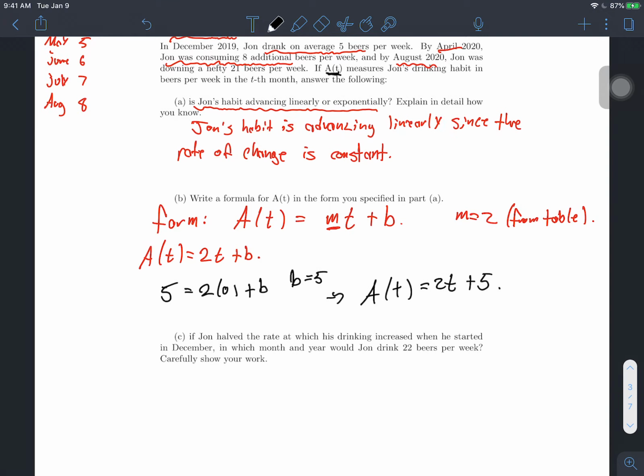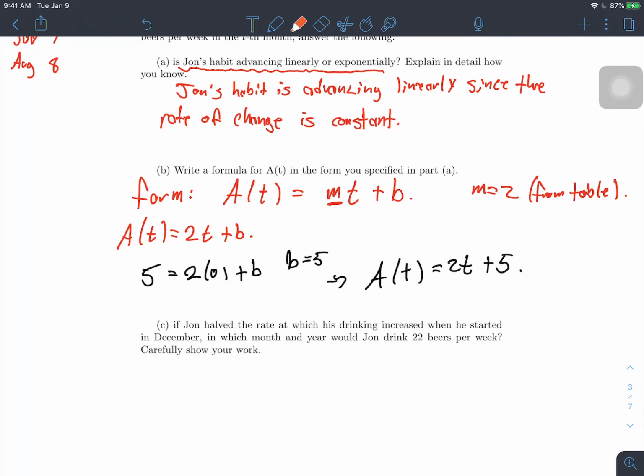All right, next they ask us if John halved the rate at which his drinking increased when he started in December, in which month and year would John drink 22 beers per week? Carefully show your work. Okay, so the first thing I need to take from this word problem is halved the rate at which we're increasing. This reads as divide the slope by 2.